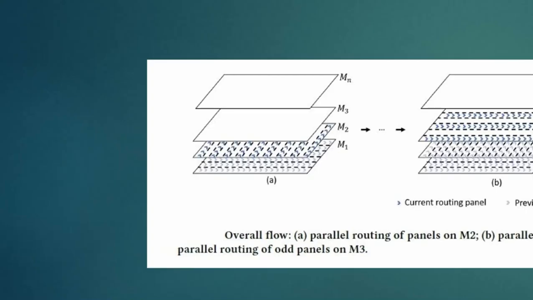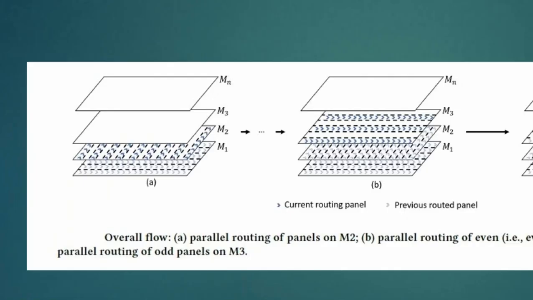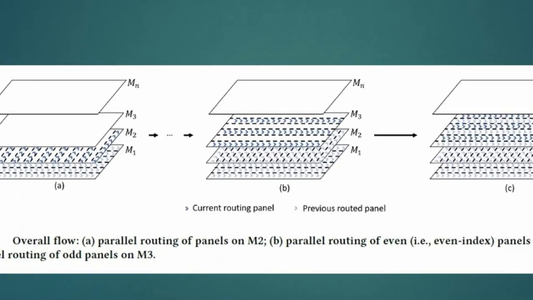But the routing across the layers, that means inter-layer, let's try to visualize it. Routing in a layer is happening in parallel, but routing across the layers, that means from M1 to M2, will happen in sequence. If you see the second figure, the arrows have now been grayed, that means routing in M1 has completed, routing in M2 has completed, and routing in M3 has begun now.